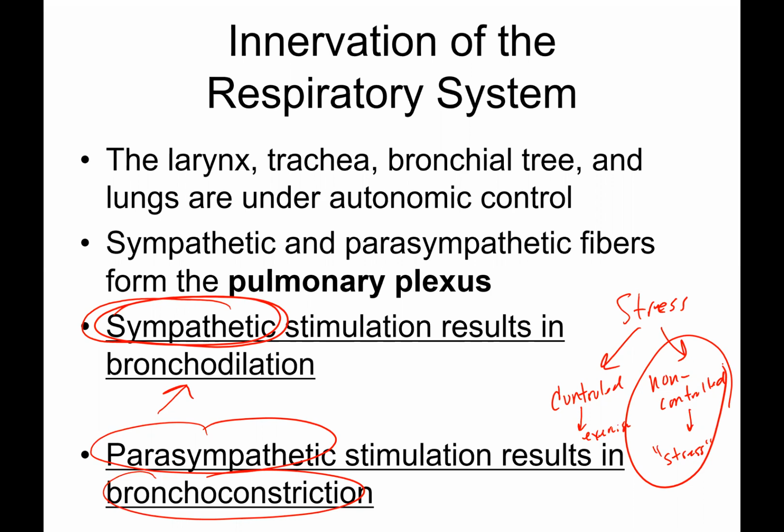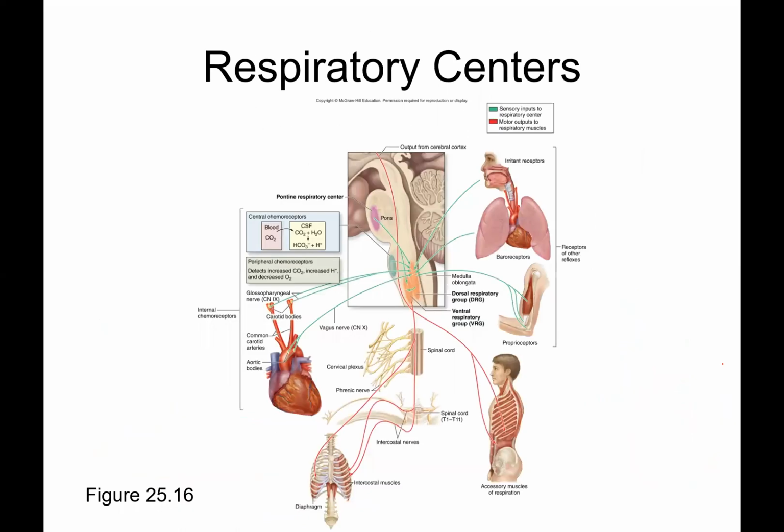Okay. So that kind of stress is not good for you in the long run. However, during sympathetic stimulation, you get bronchial dilation, and parasympathetics, you get bronchial constriction. All right.